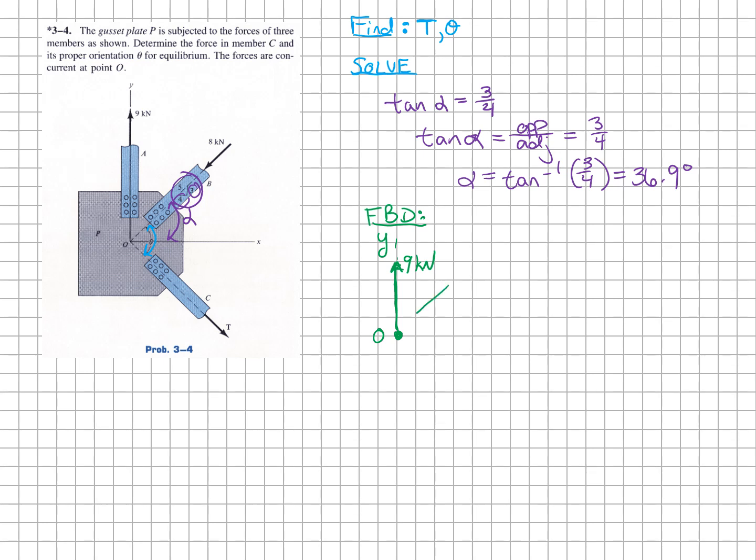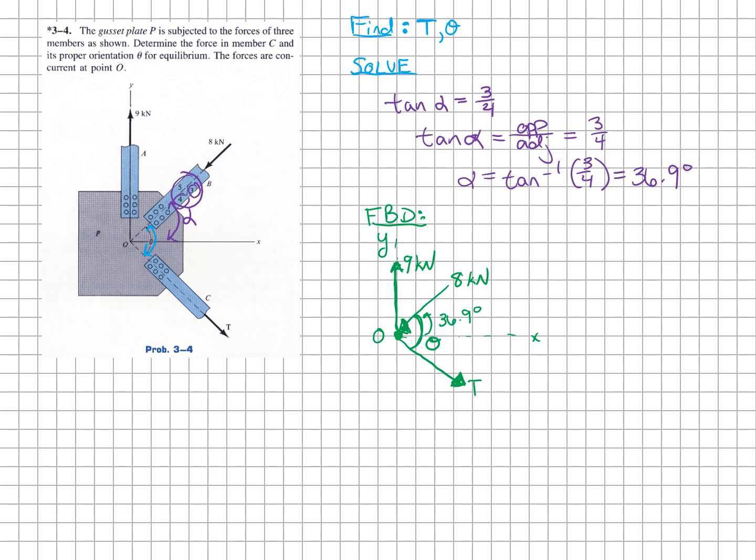We have this 8 kilonewton force acting down and to the left at this angle of 36.9 degrees. Our x-axis is here, and then we have this other force that we don't know the magnitude of. We're calling it T, acting down and to the right. And then finally this unknown angle theta, which is the angle between T and the 8 kilonewtons.